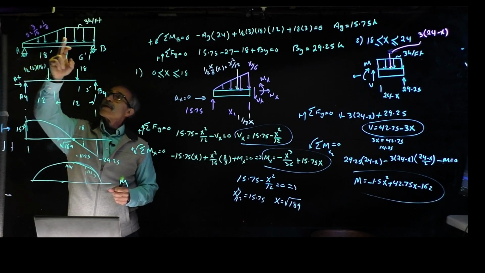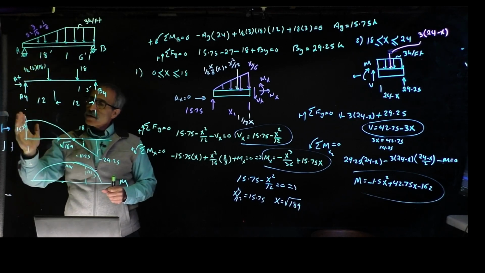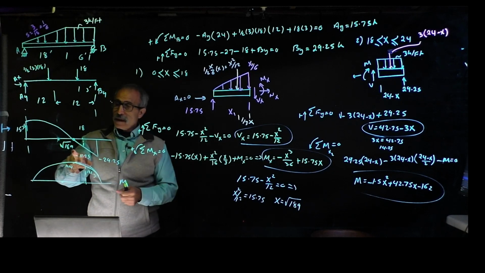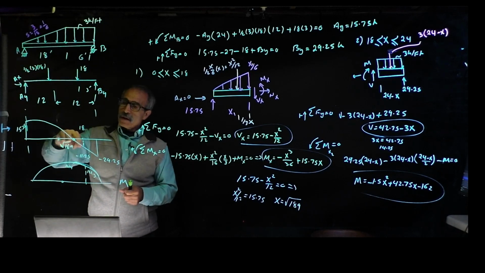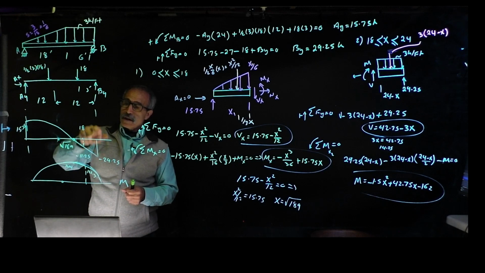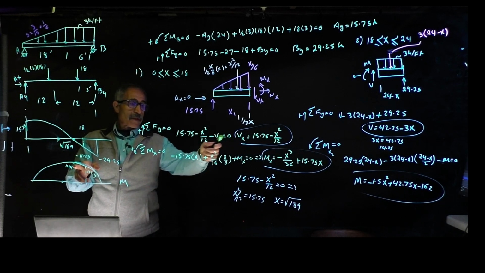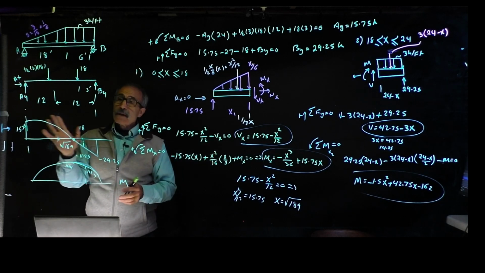Then you see that it's linear, so it's going to curve down. And we said it's going to become 0 at the square root of 189. We calculate that, and then it's going to go straight down until it gets to right here and come back up. Because shear is 0, bending moment is maximum right here. Using the equation, plug it in, and we get these numbers. This is how it's done.